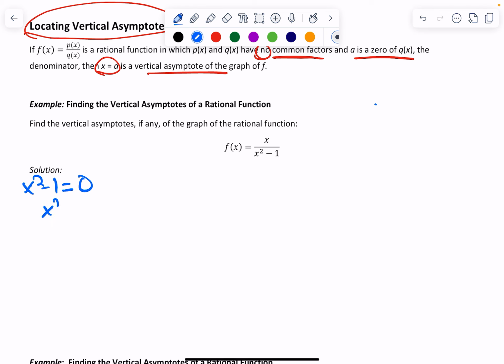Add 1, so we get x squared is 1. We take a square root, positive and negative, so x equals positive and negative 1. So we got the zeros, which are 1 and negative 1. Now we can write this back as factors, so f of x will be x over x plus 1 times x minus 1.